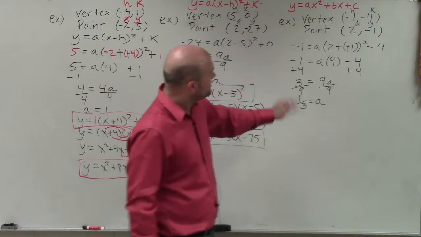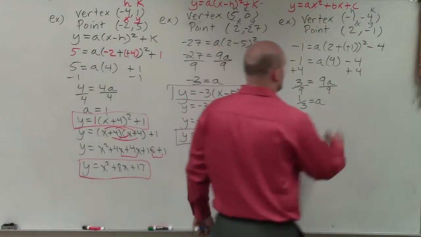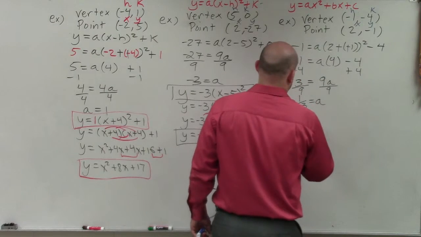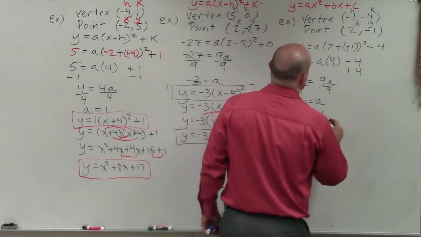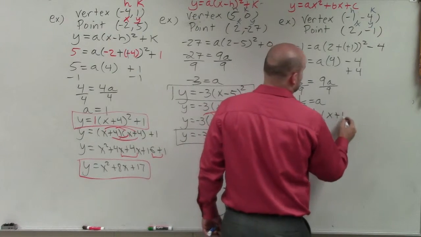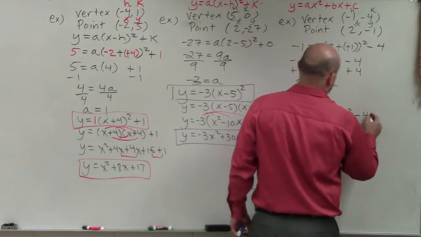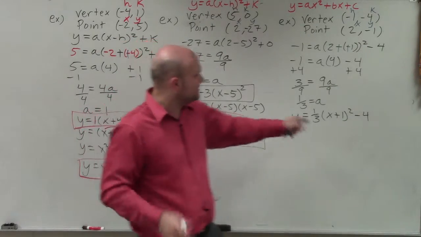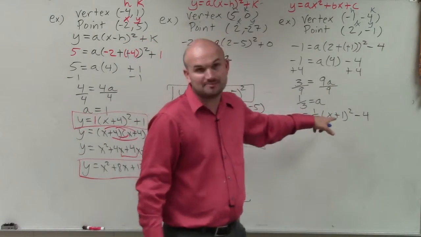Now let's write it into vertex form. In vertex form here, I'm going to have y equals 1/3 times x minus h. X minus negative 1 is the same thing as x plus 1 squared minus 4. Now, I know there's a fraction here, but don't worry about it until the very end. Let's expand the x plus 1 squared.